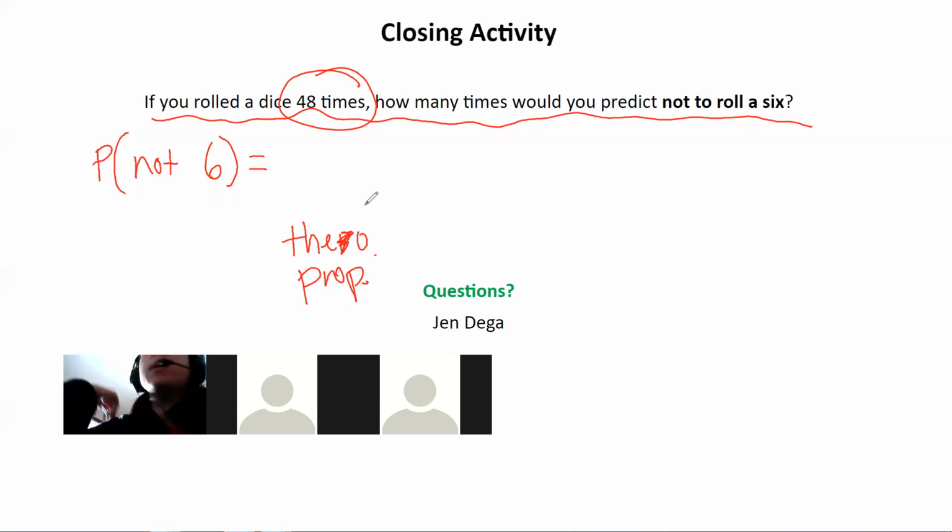So theoretical probability, let's think, how many sides are there on a regular dice? Regular, normal dice, how many sides are there total?